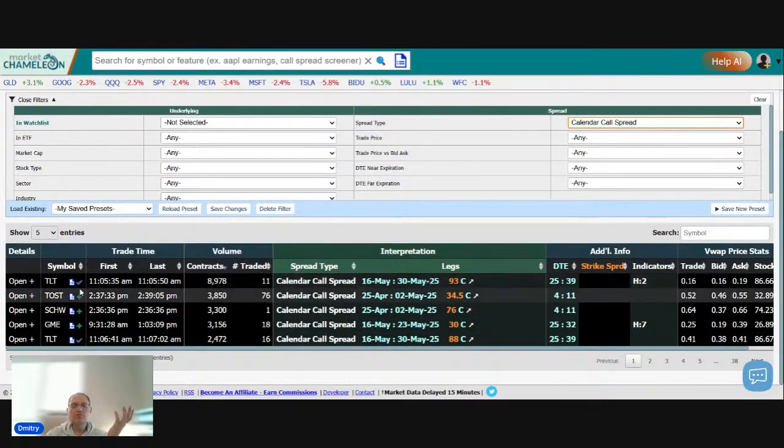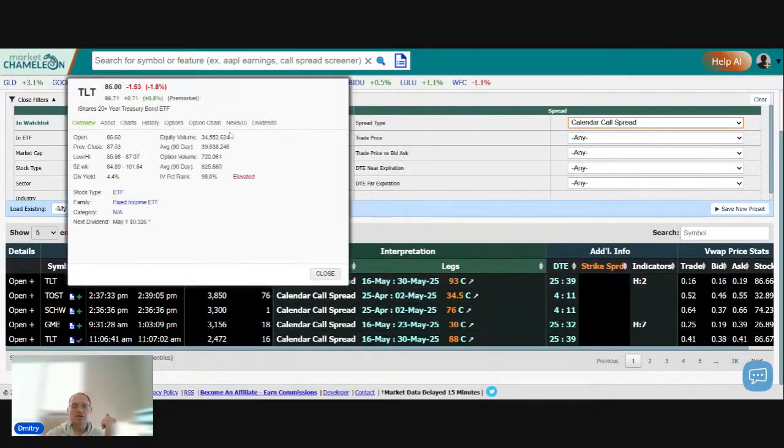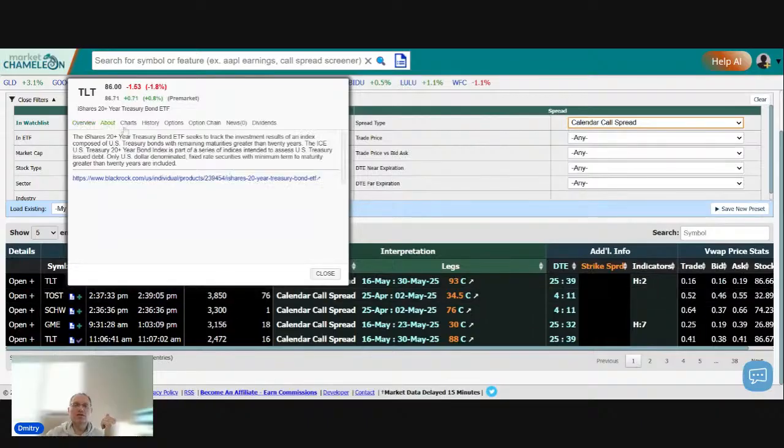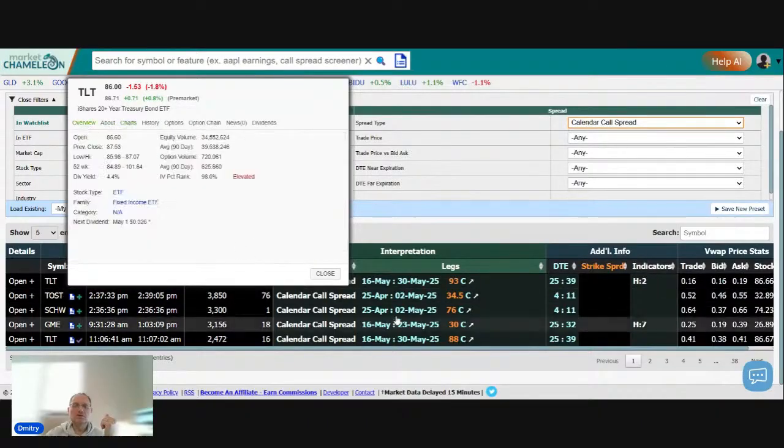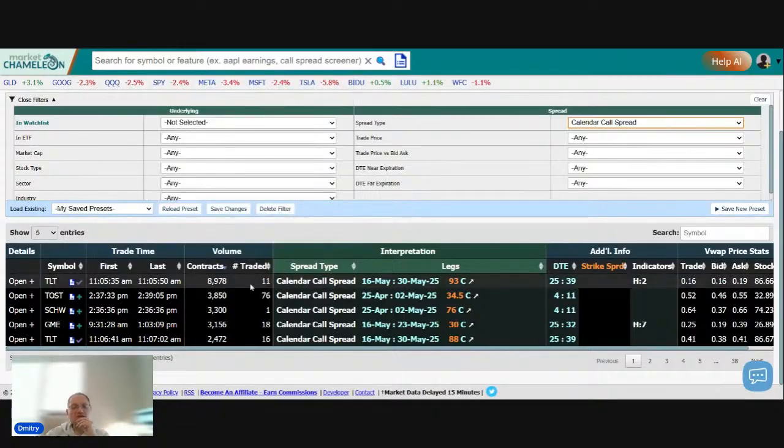So TLT, the ETF, if you click on this info sheet, it'll tell you more about this stock. Okay, so we'll see in TLT, there was a calendar spread. It was the May 16th, May 30th, 93 call spread. So calendar spread, we talked about this yesterday.